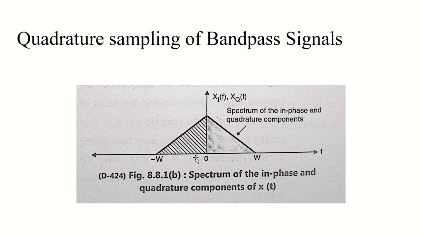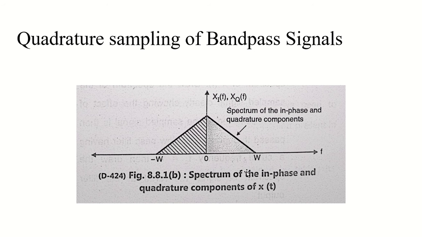As I've told you earlier, we are assuming that fc is greater than w or omega. It is found that xi of t and xq of t will be low pass signals extending from minus omega to plus omega. The spectrum of the in phase and quadrature components would be minus w to plus w.